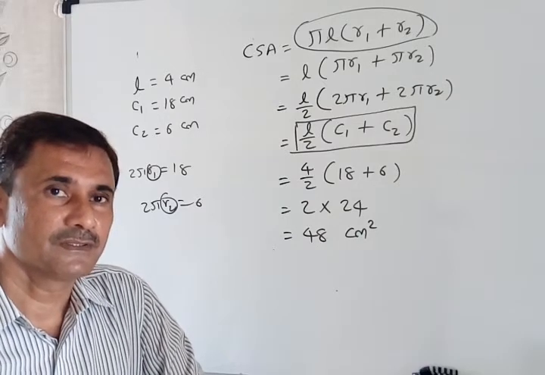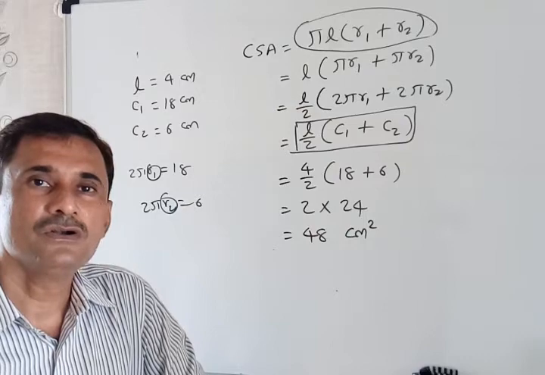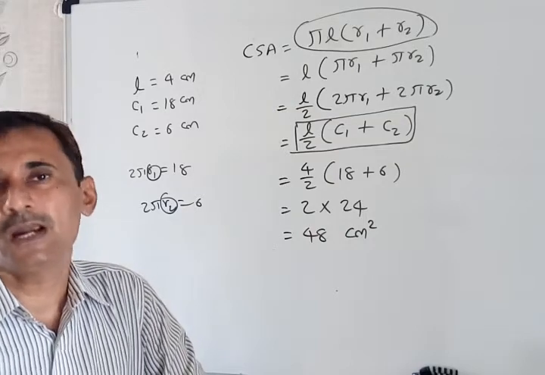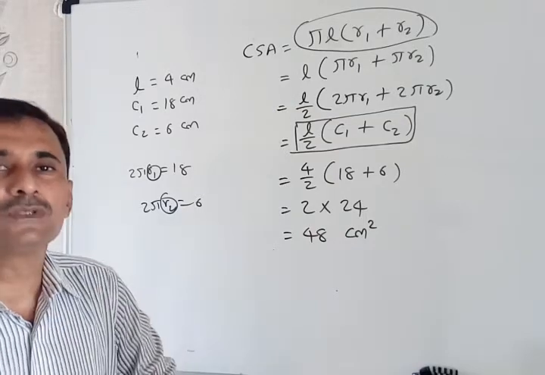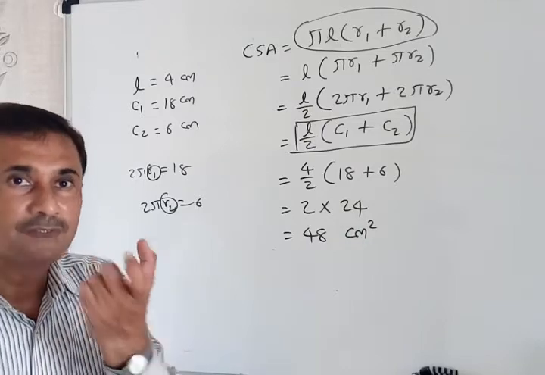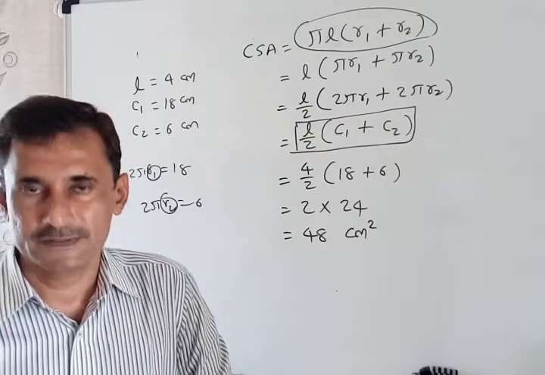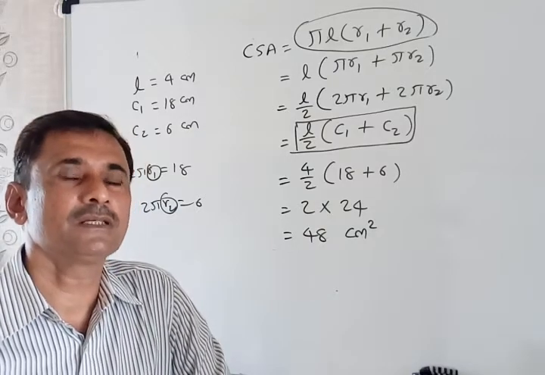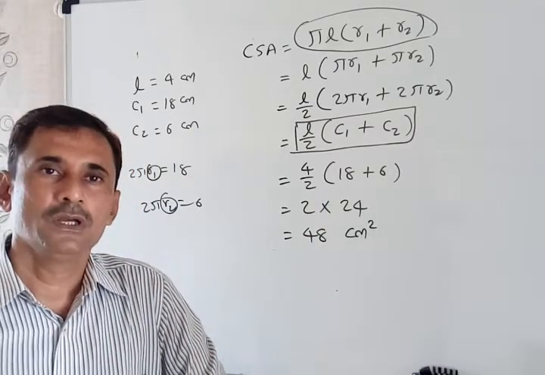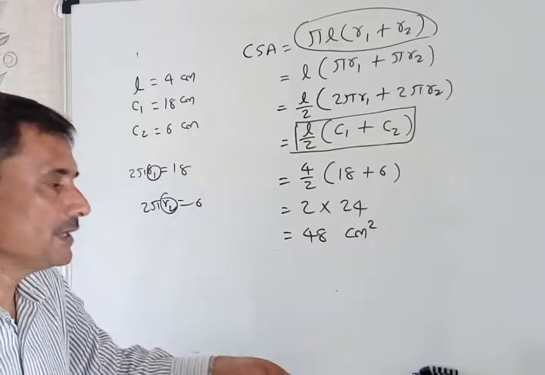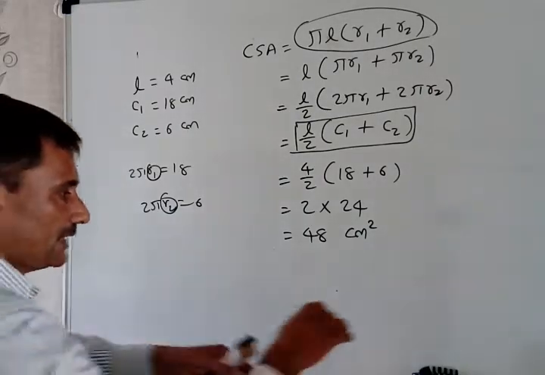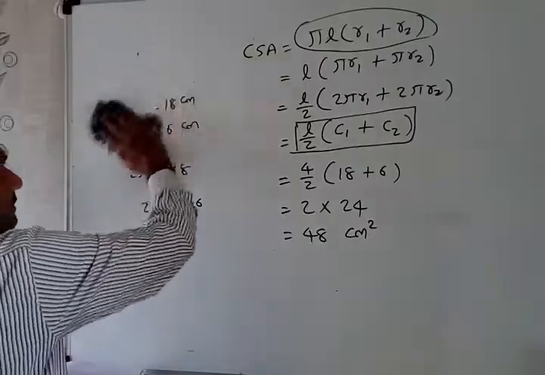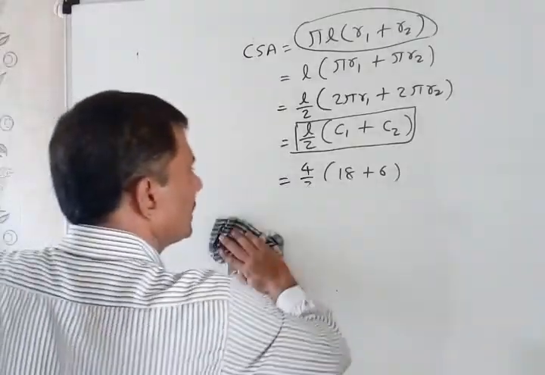We just discussed, whenever we want to find material used, at that time we have to use that formula. CSA plus narrow base, not broad. Not CSA, not TSA, but that formula is in between both. CSA plus area of narrow base. Okay, so before writing that formula, I am talking about question number 3.